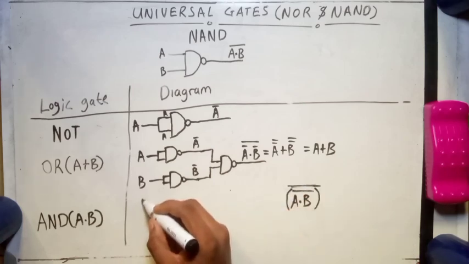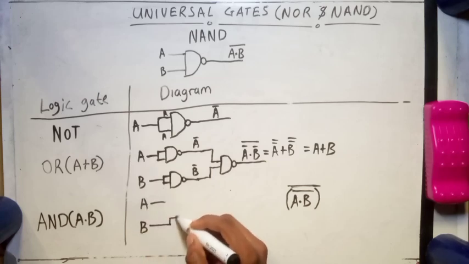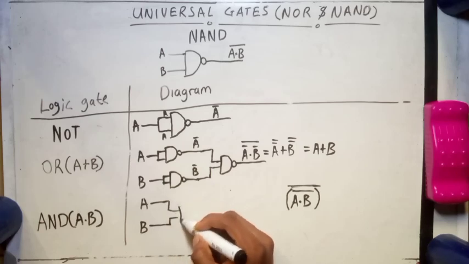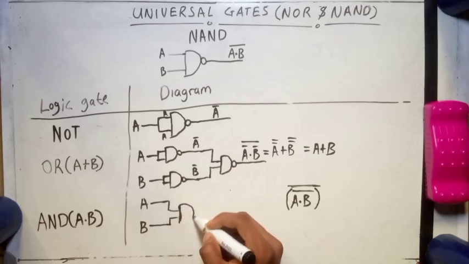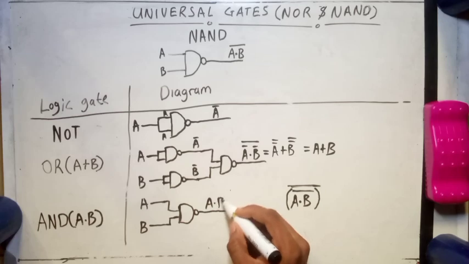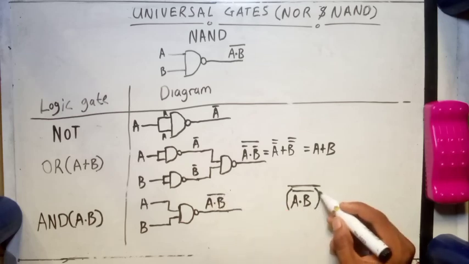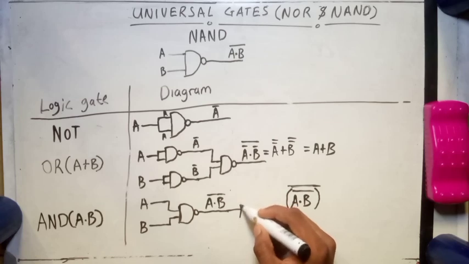Doing that, you're going to be having A B. We join the two of them together. It's a straight line, not a curve. Then we have A dot B all bar. We have achieved the brackets. Now we have to negate it again.